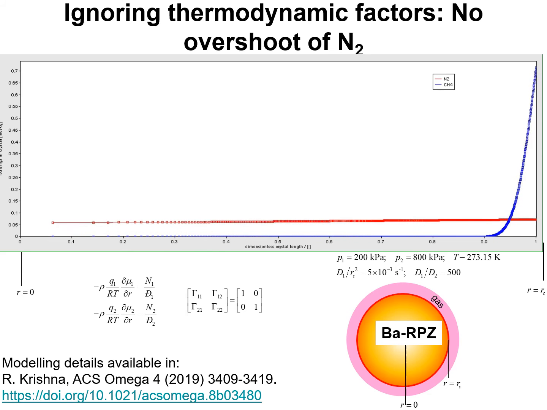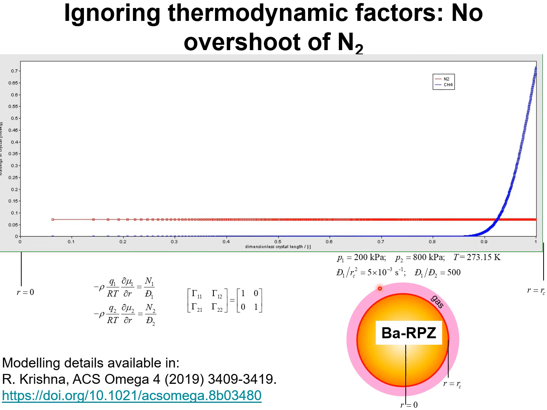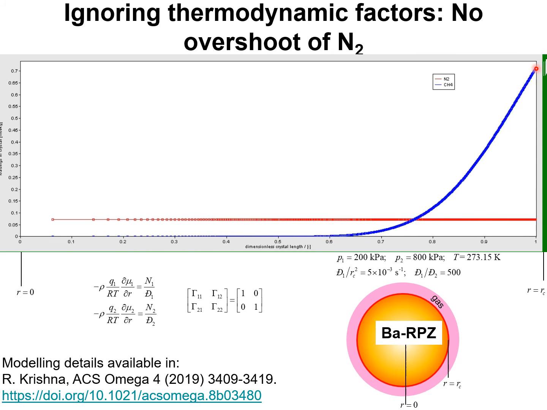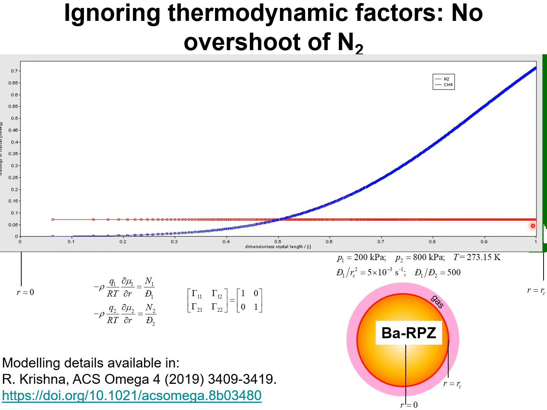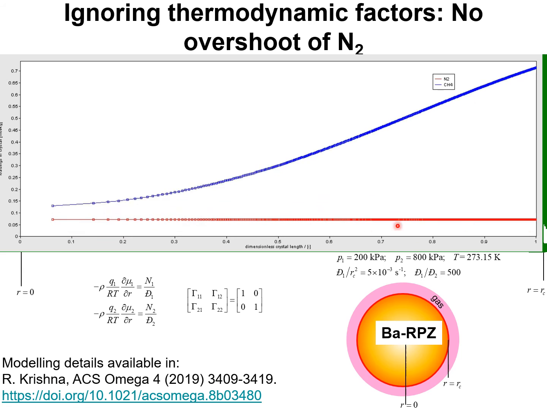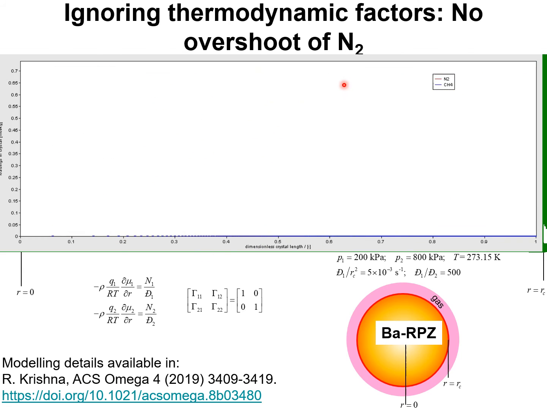These are the surface concentrations that are in equilibrium with the bulk gas. We observe that the nitrogen has already equilibrated far earlier than methane, and no overshoot is experienced.